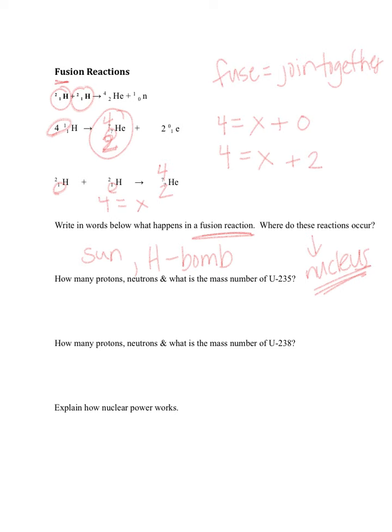Newer, not that new anymore, but more modern nuclear weapons use a fission reaction to start off a fusion reaction, which is what makes them so much more powerful. And they call them H-bombs because you can see they involve hydrogen. So this is a fusion reaction. And where do these occur? Again, in the nucleus, but this is the reaction that occurs on the sun or in hydrogen bombs.